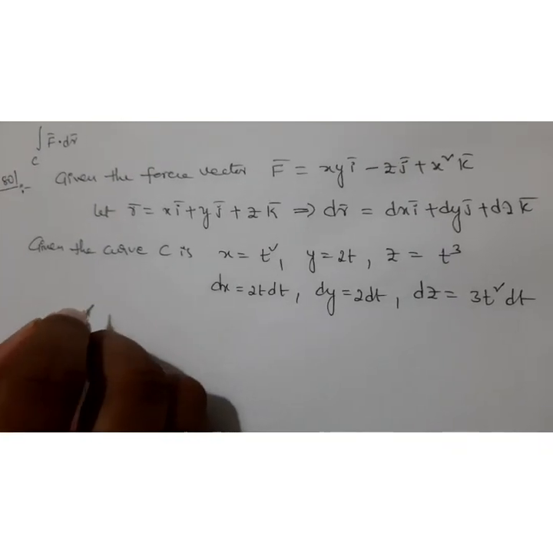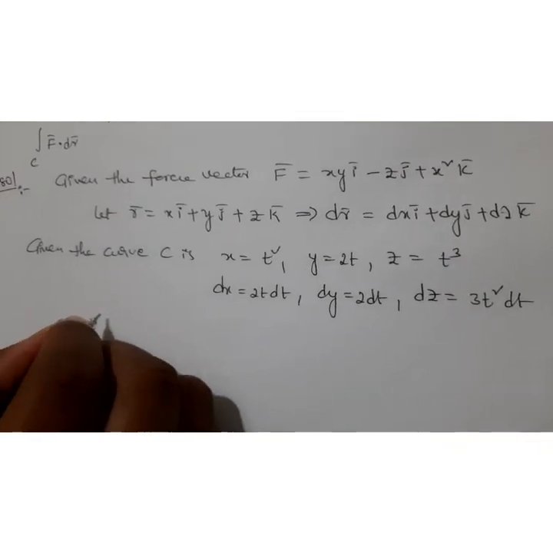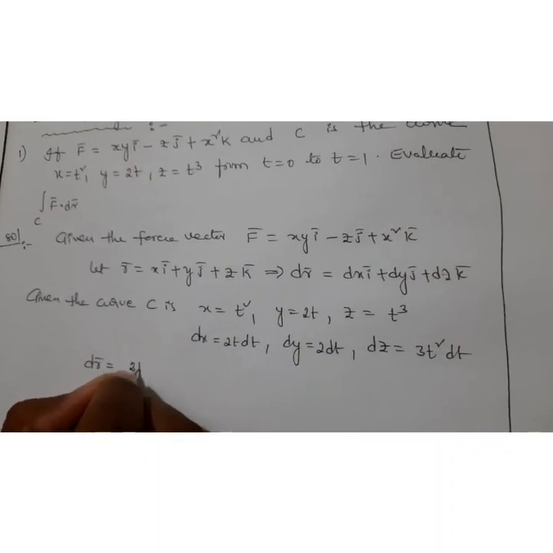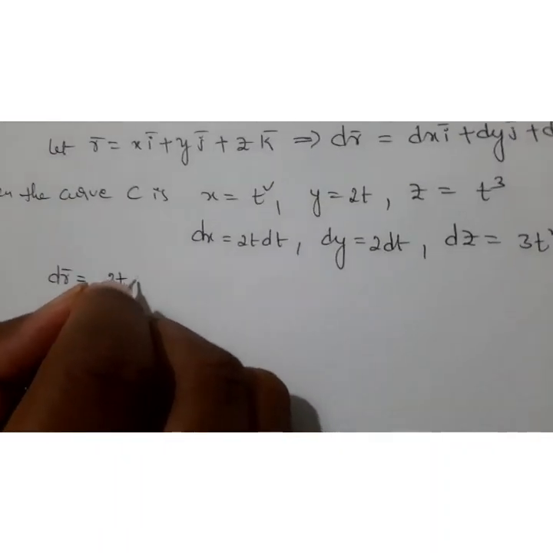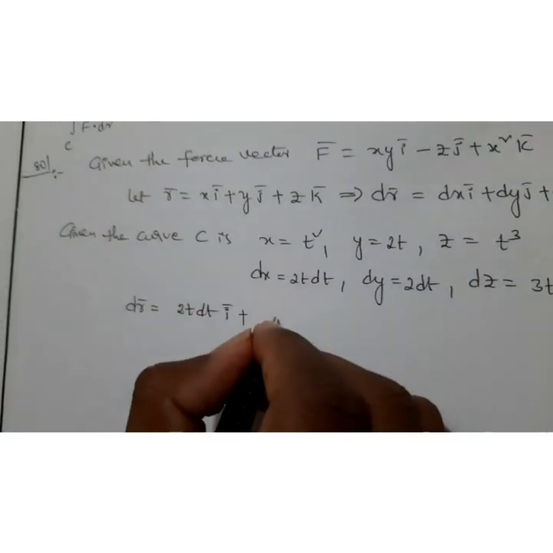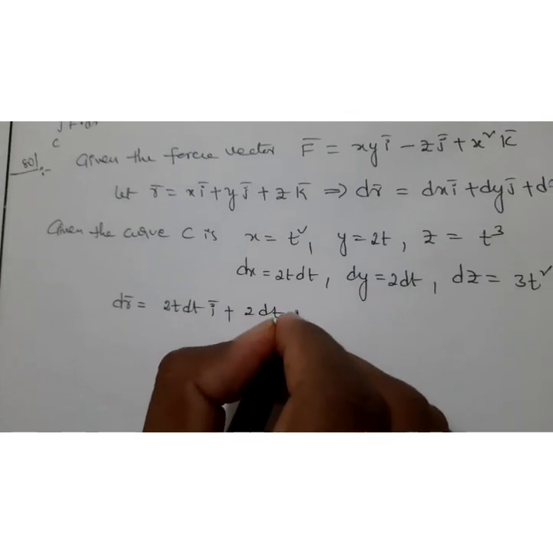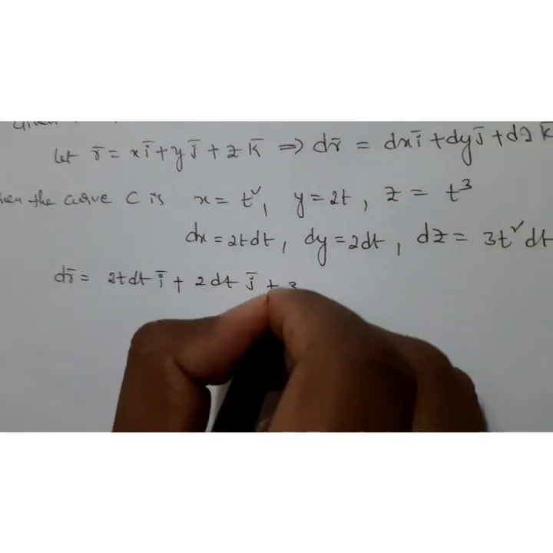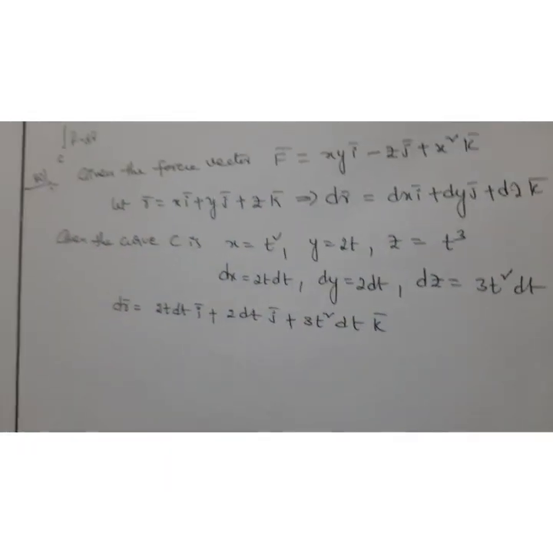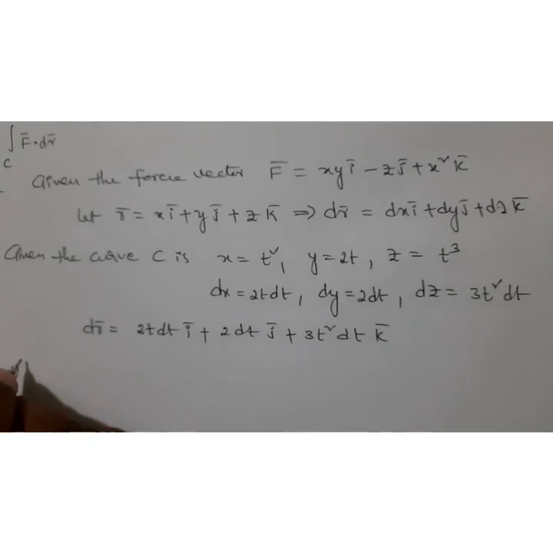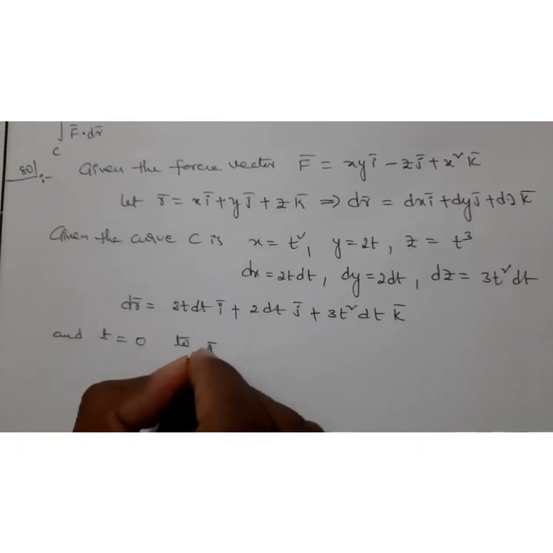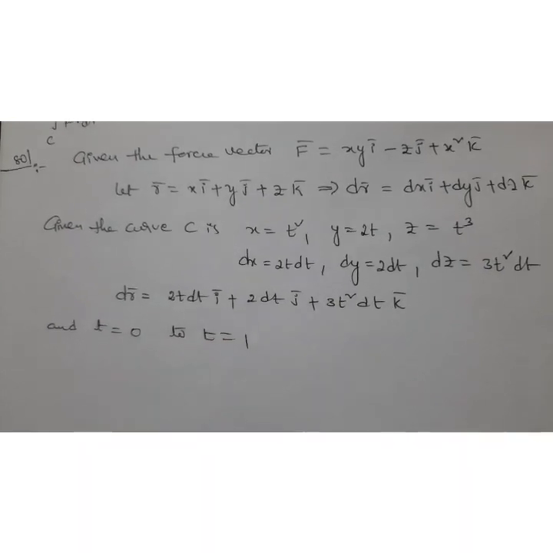Next, what is the dr bar value? dr bar is equal to 2t dt i bar plus 2 dt j bar plus 3t square dt k bar, and t varies from t is equal to 0 to t is equal to 1.